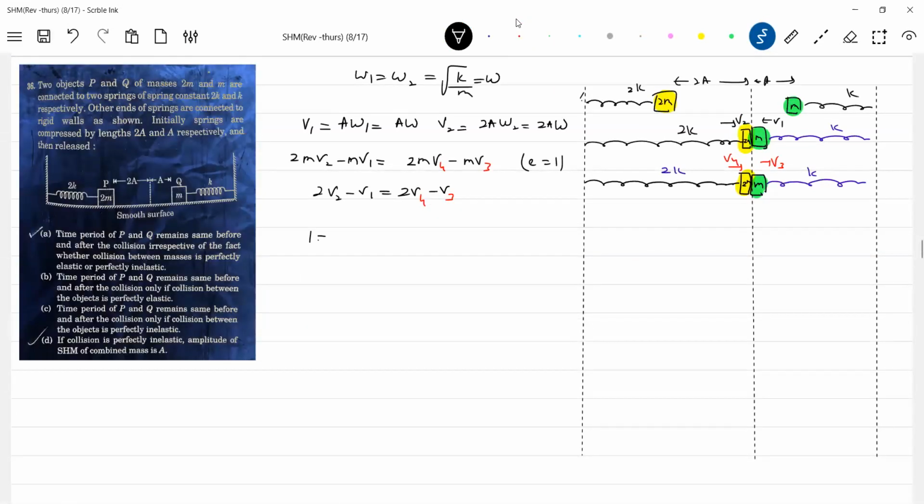Coefficient of restitution formula. V4 minus V3.